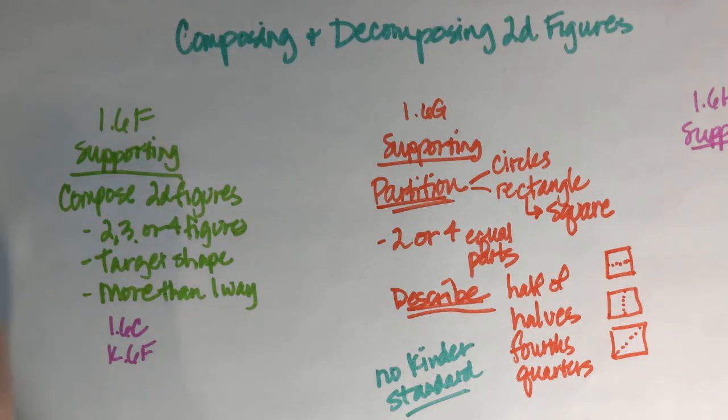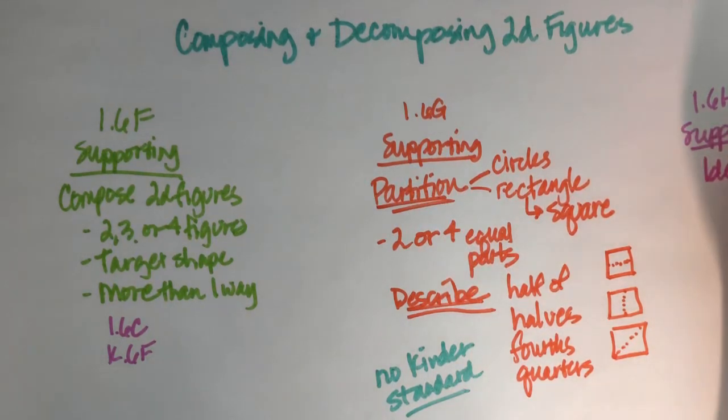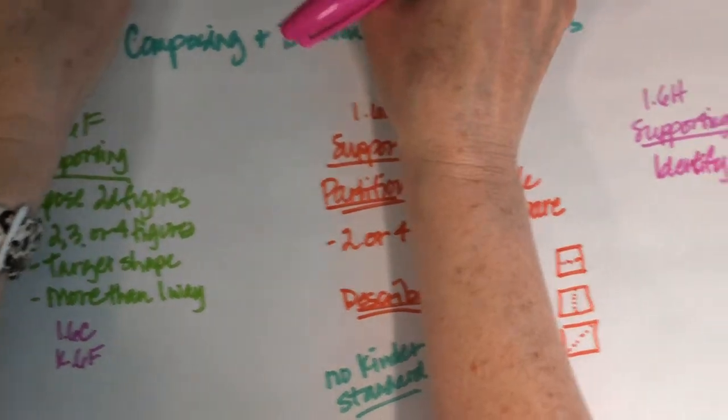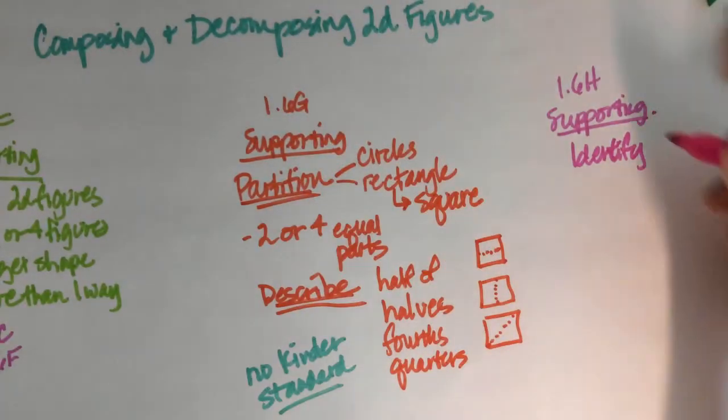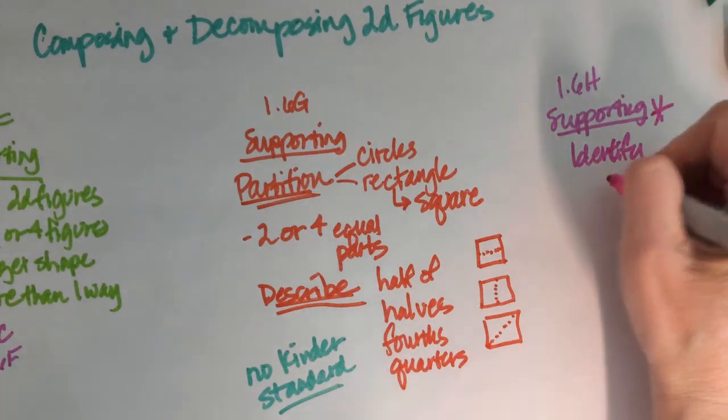All right, and then last we have 1.G.A.3. This is our identify. This is a non-negotiable standard for the district. Oh, it's not even on the screen. Hold on, let me slide this over. This is a super important one because what are we identifying?